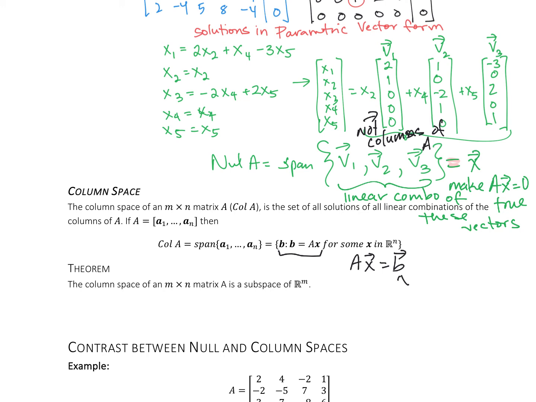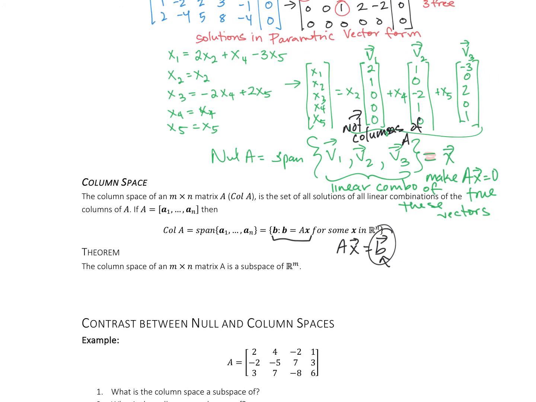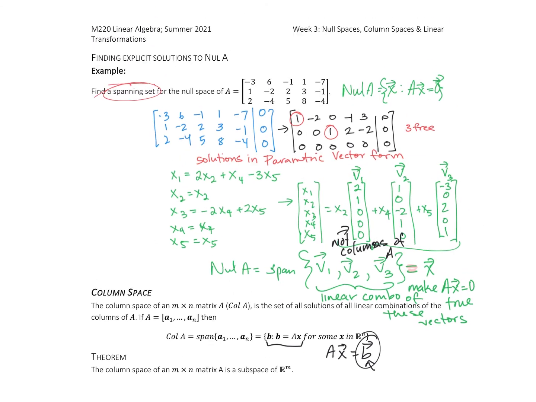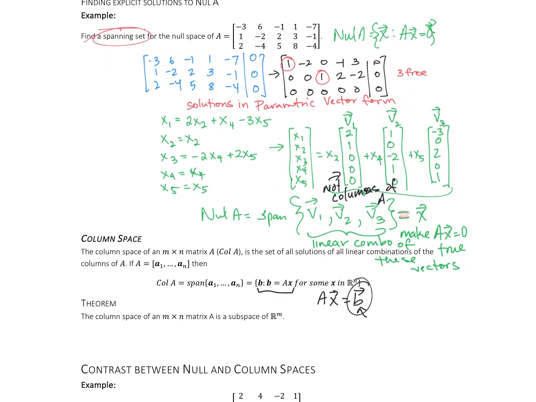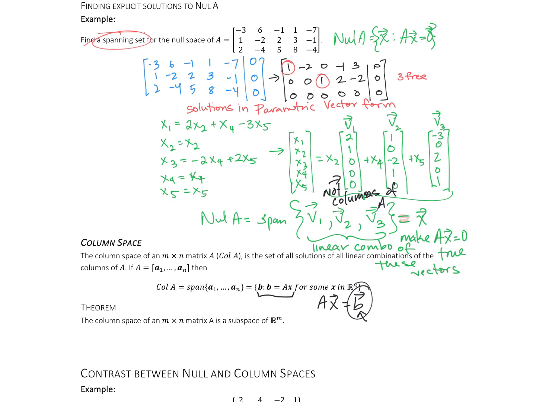This is all of our b's. So we're solving for our b's, which means the sizes of these things are different. Remember, our null space theorem said that the null space was a subspace of Rn. The column space is a subspace of Rm.